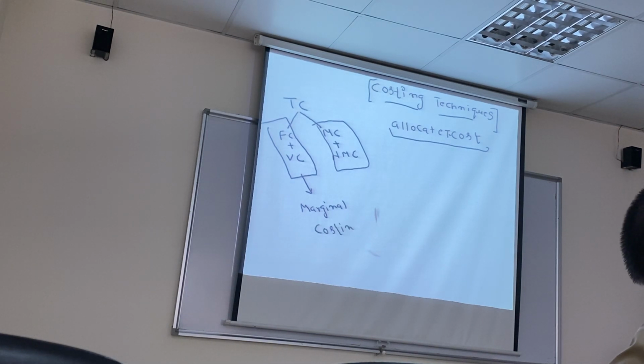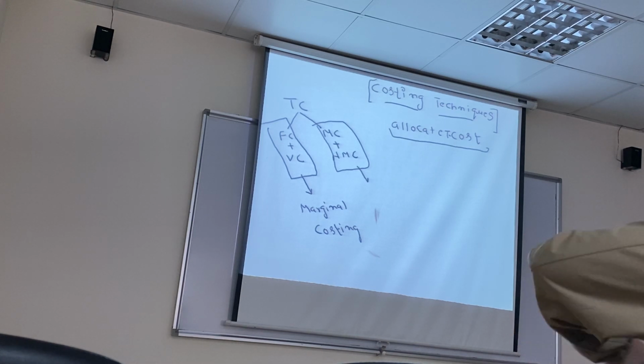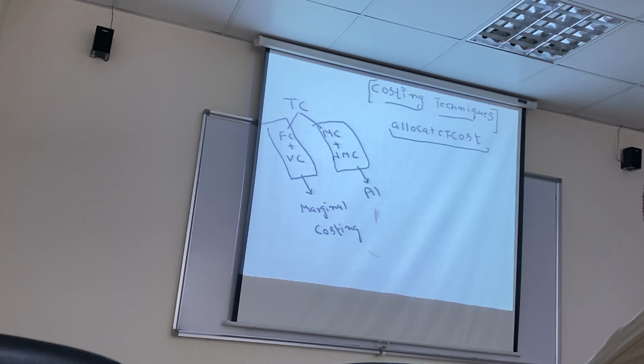So one costing technique is marginal costing, in which we allocate cost on a fixed cost and variable cost basis. And another one is absorption costing.